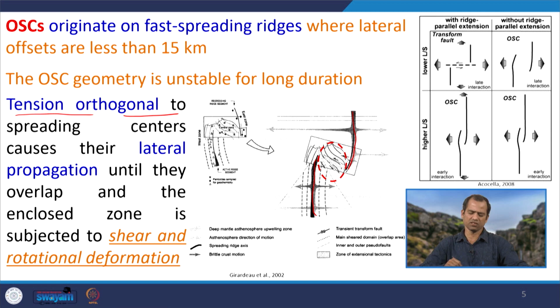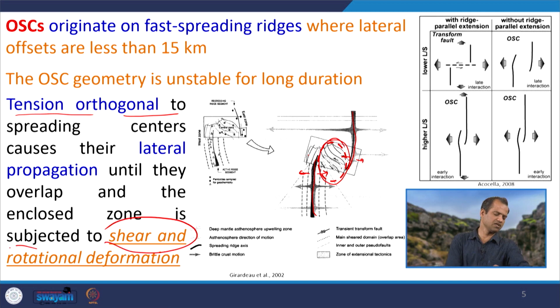This is spreading in this way, this in this way, two opposite directions. The area enclosed here is experiencing shear and rotational movement, so the enclosed block rotates, and due to rotation its orientation changes.